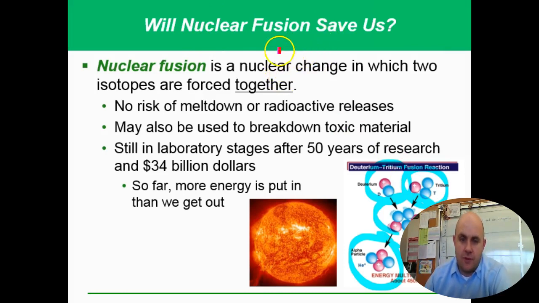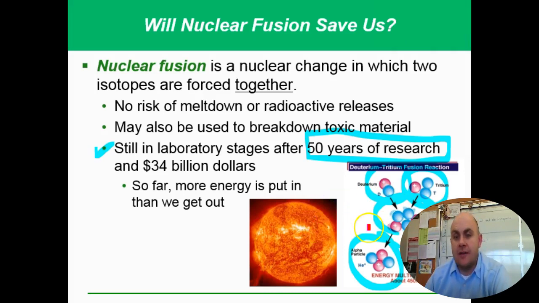The problem with nuclear fusion is the research. We're in the research stage, and it's been going on for 50 plus years. And the reality is we can make nuclear fusion happen in small scale, but we can't do it without putting more energy into the system than we're getting out of the system. So far, the energy has not been economical, and so we haven't got there yet, but we're working on it.